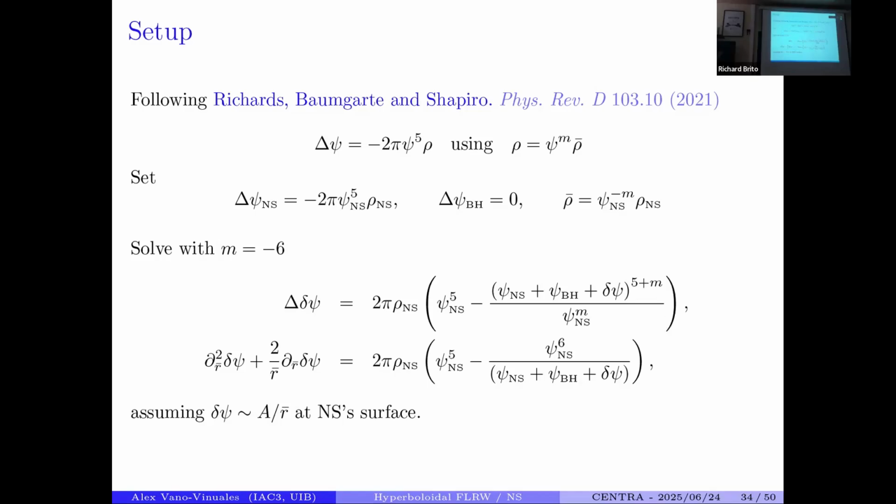I actually understood that it took me many attempts and I was not getting anywhere until I did it. And these are the conditions. This is the Hamiltonian constraint satisfied only for the neutron star. This is the Hamiltonian constraint satisfied only for the black hole. And if you put everything together, then you obtain the Hamiltonian constraint in terms of the correction delta phi, and this is the actual equation you solve.